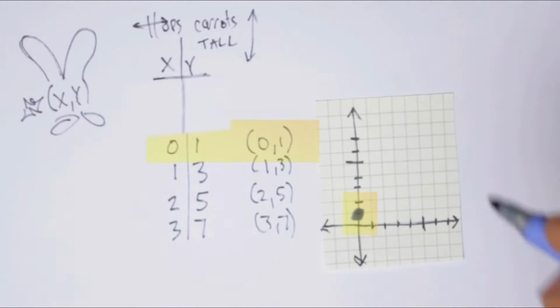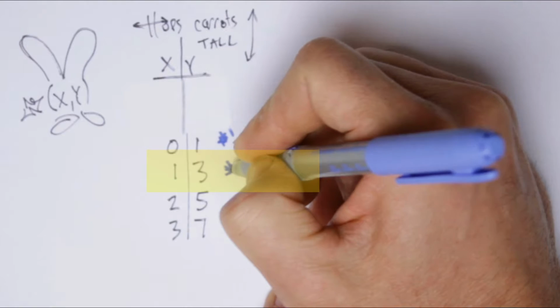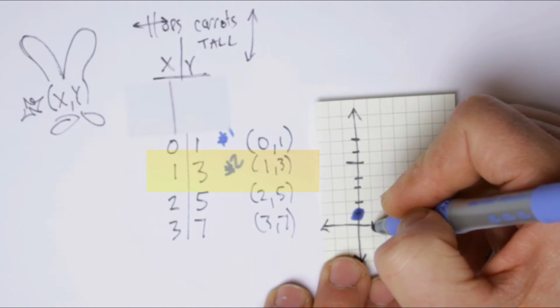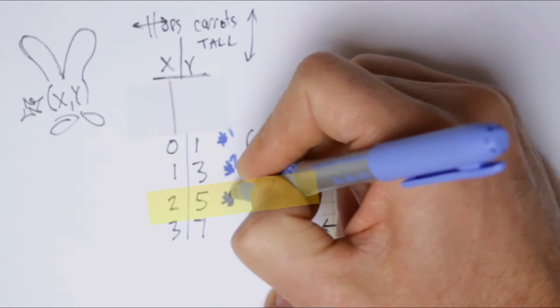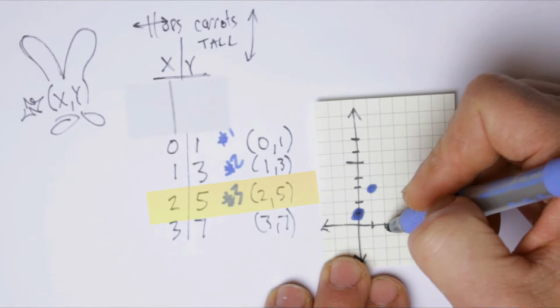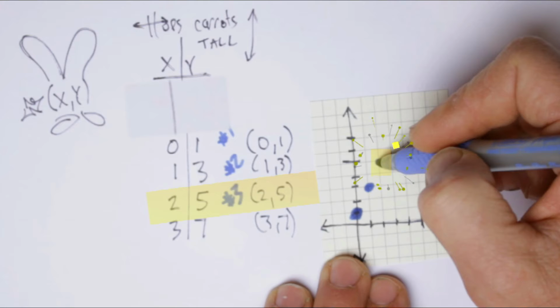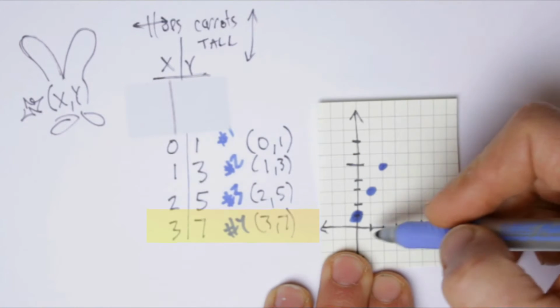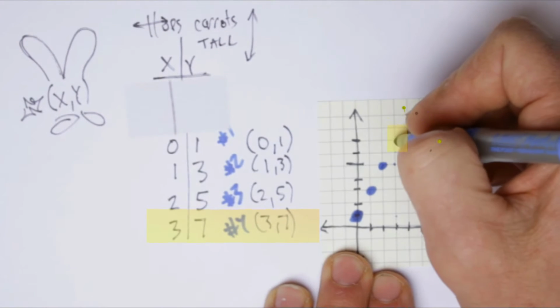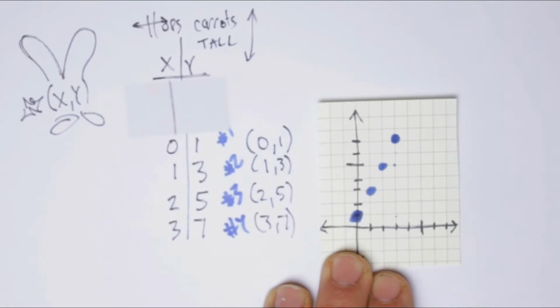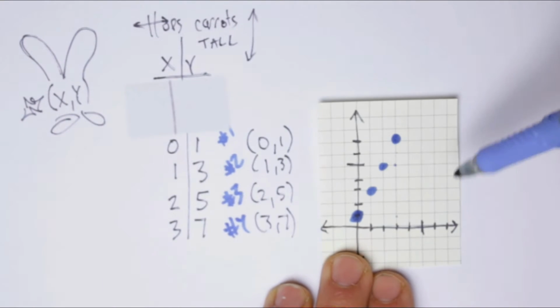All right, this is our first point. Number 1, number 2. So 1 to the right, 1, 2, 3 up. Our third point is going to be 2 right, and then 1, 2, 3, 4, 5 at the big one up. And then our fourth point is going to be 3 right, and 7 up.